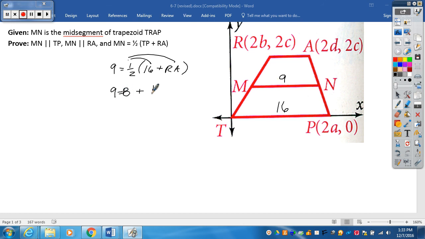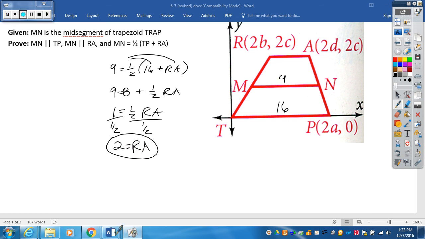Equals 8 plus half RA, and then subtracting 8 from both sides, and then dividing by half. How many halves are there in 1? There are 2. So my answer here would be 2.